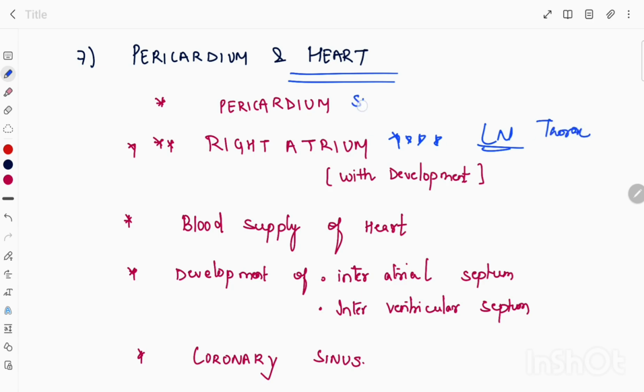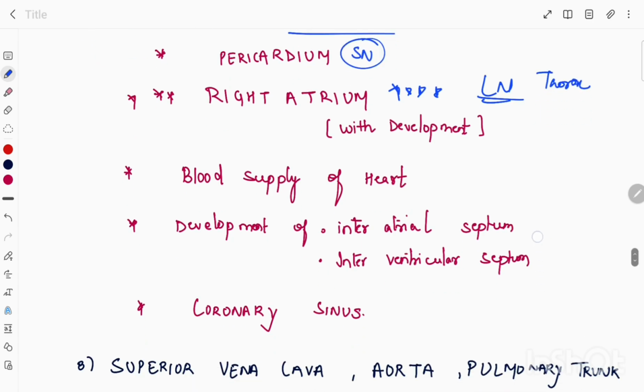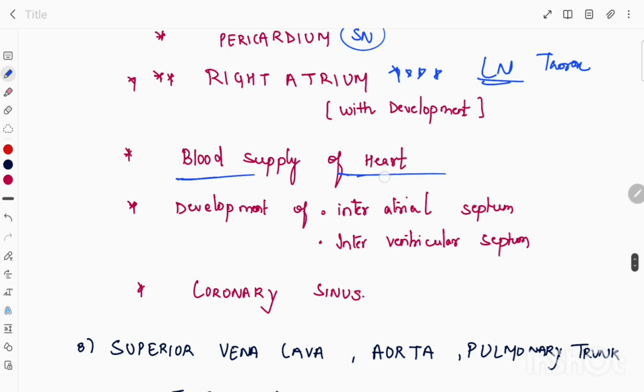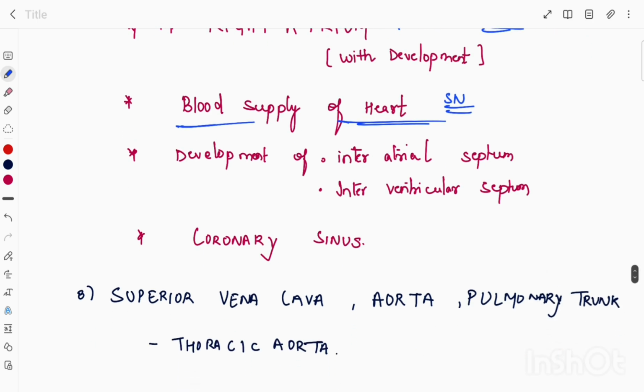Okay, and a short note can also come on the pericardium. Then the blood supply of the heart, all the coronary arteries, what they are branching from, and all that you should know. A short note can come, or in the viva you can get a very common question, tell the blood supply of the heart. Then there are development or embryology questions like interatrial septum development and interventricular septum development.